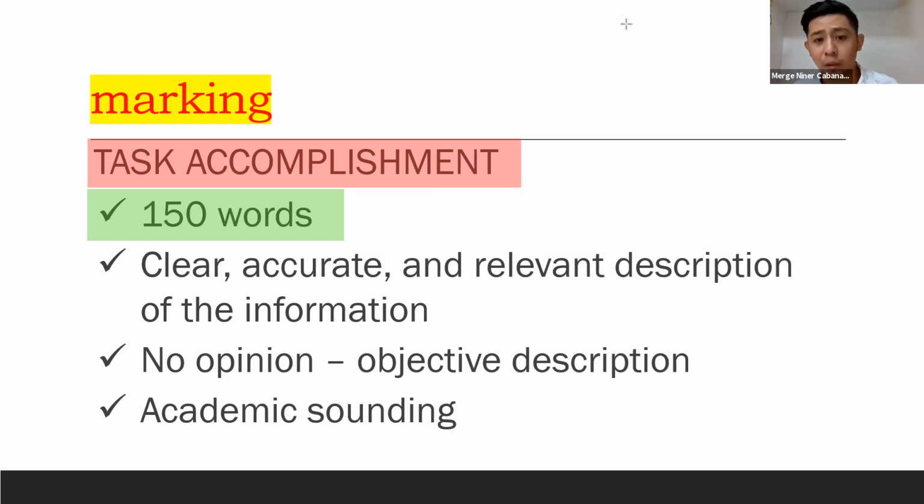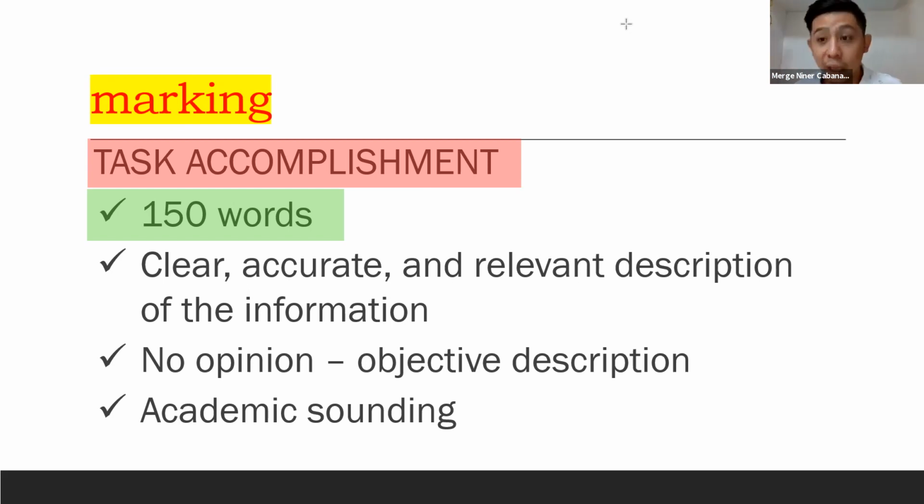So we're trying to condition ourselves into thinking that, hey, when I practice, I use the official answer sheet. So when I take the exams, it's not going to be a lot of adjustments.